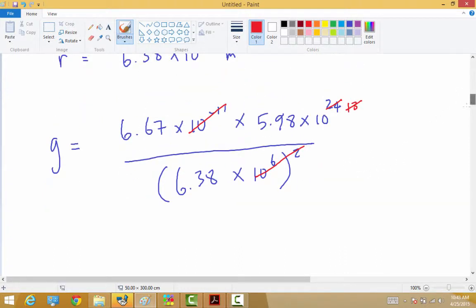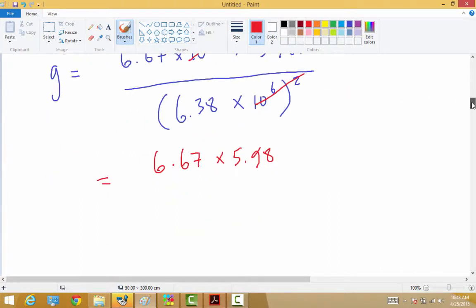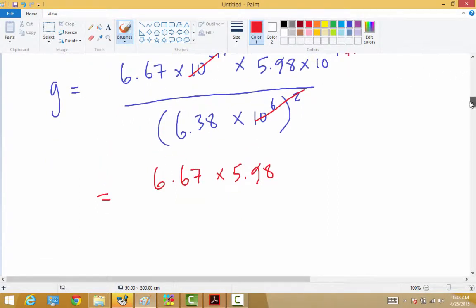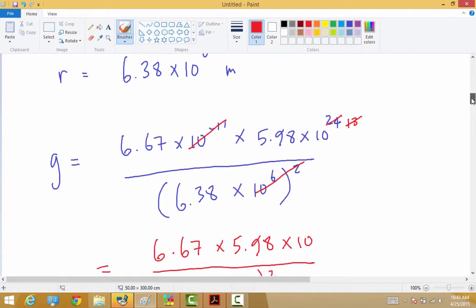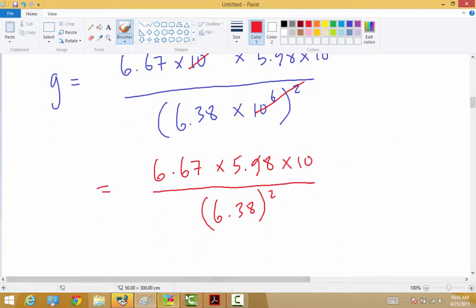So just simplify the calculation a little bit before we put it into the calculator. Sometimes it's a good idea to do that, saves time, and you'll make fewer errors. Times 10 over 6.38 squared. Right, so now we can use our calculator.